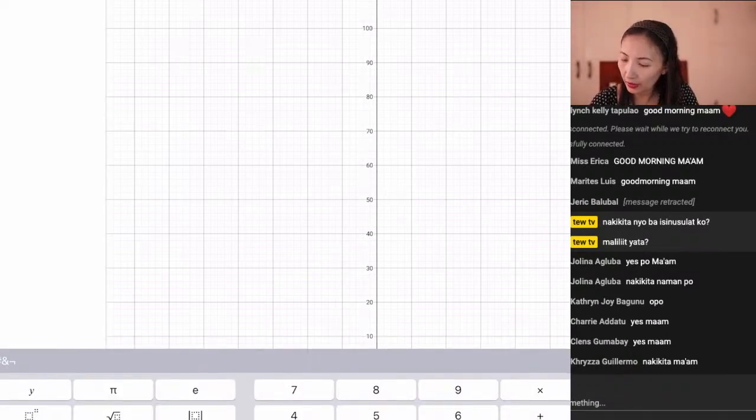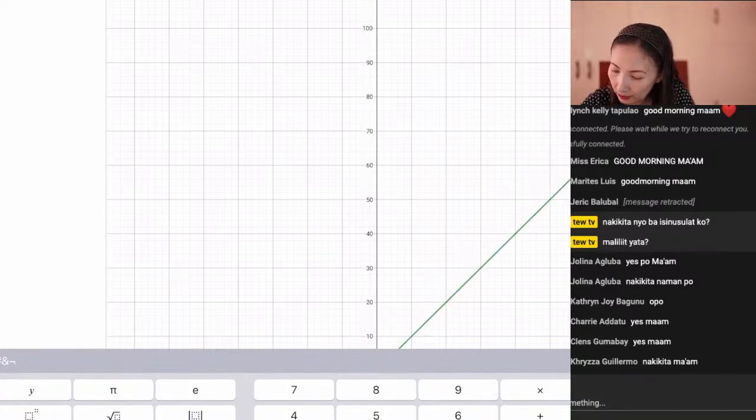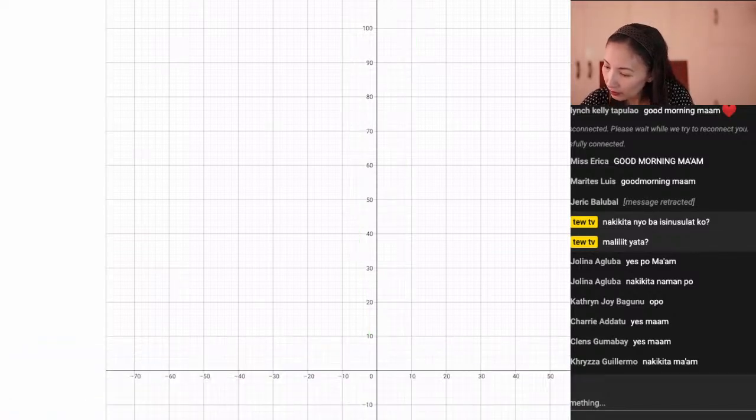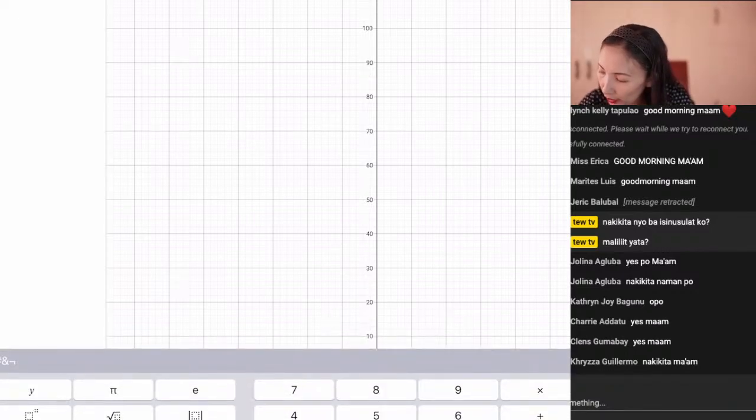Type in the function y is equal to x minus 1 squared times x plus 2.